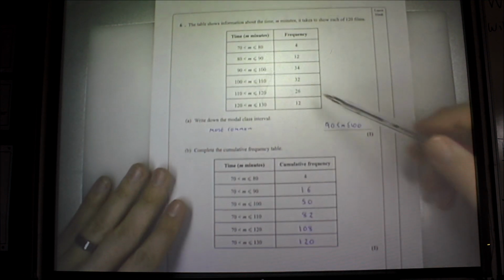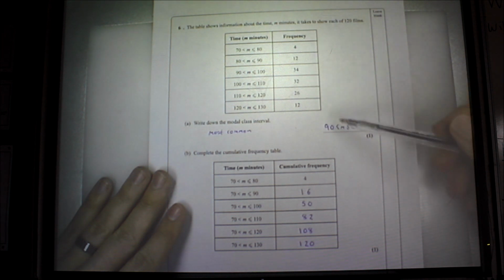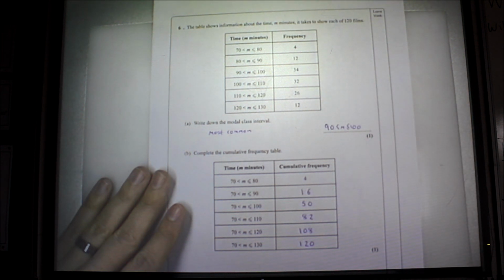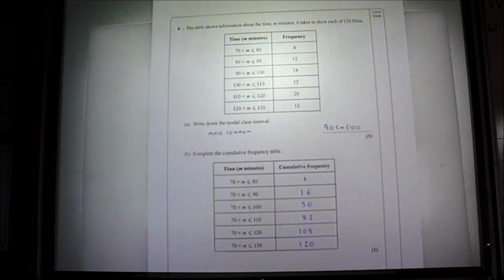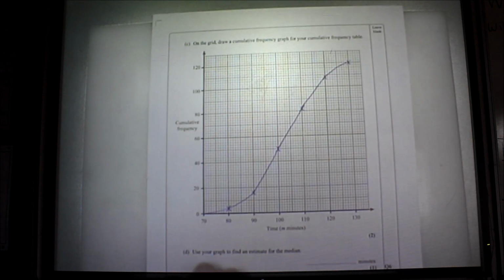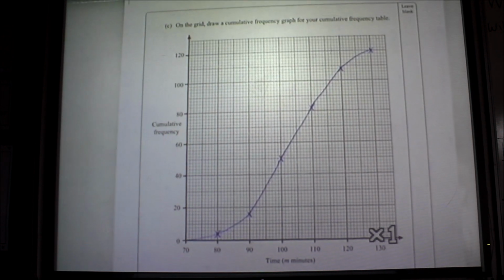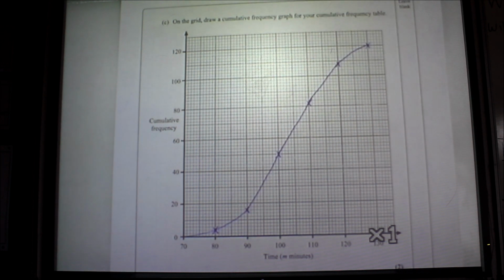Question 6. Write down the modal class interval, that's most common, so that would be 90 to 100. And cumulative frequency, add them up as you go down. And on the grid, draw your cumulative frequency graph and use that to find an estimate for the median. Median's the middle one, it goes up to 120.